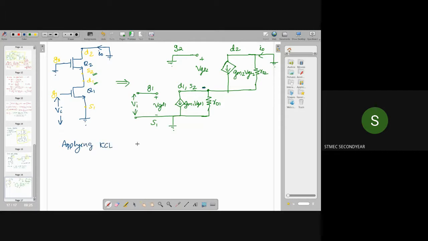Applying KCL at drain 1, or we can say at source 2. That is this point here. We are applying KCL.